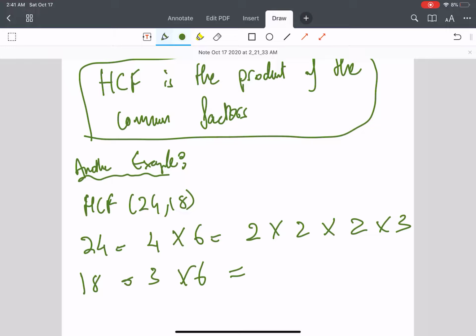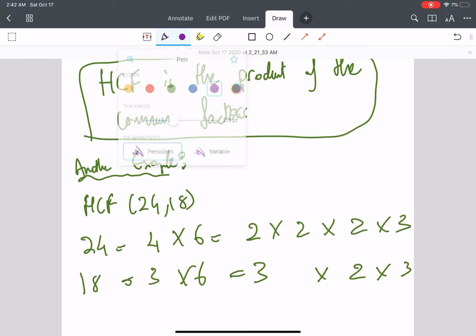From here you can know that the HCF is actually 6, but let's do the prime factors of it. 6 is 3 times 2, so 18 is 2 times 3 times 3. We get the common factors. All the common factors we factor them out.